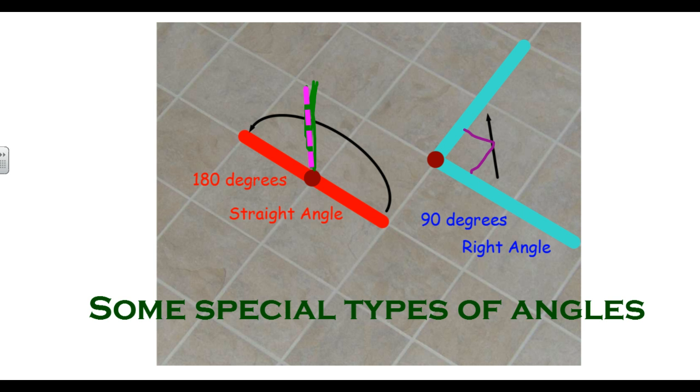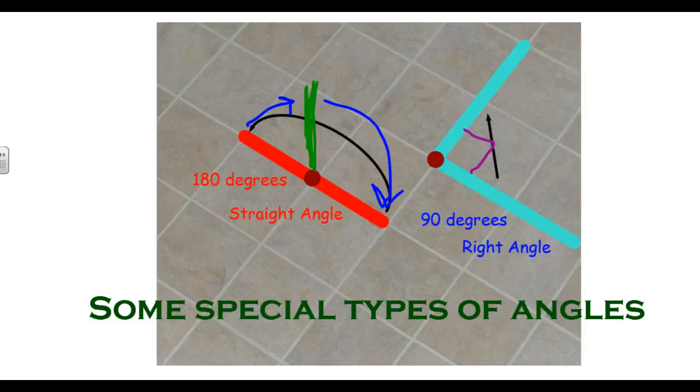So our first angle would have been this first turn, and then we turned some more to end up at 180 degrees. Now, if that's the case, those two angles add up to one straight angle. And we can see they add up to one straight angle because one angle plus the other angle makes up the two parts of that straight line.